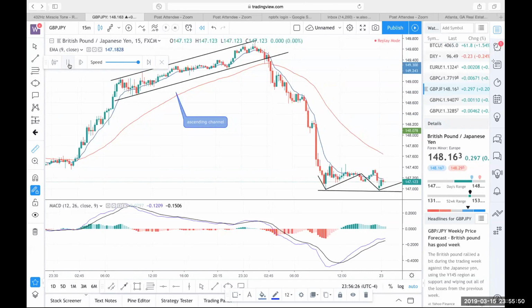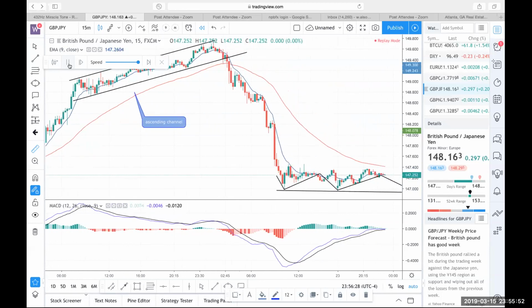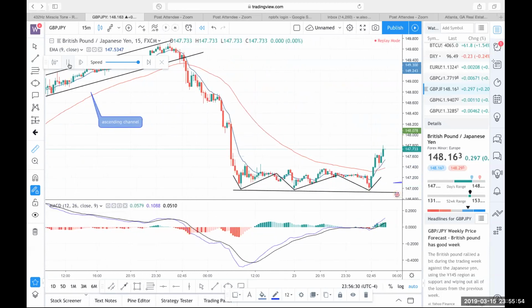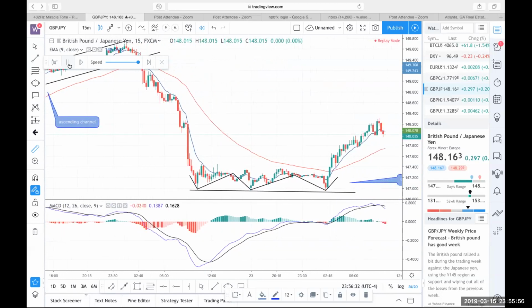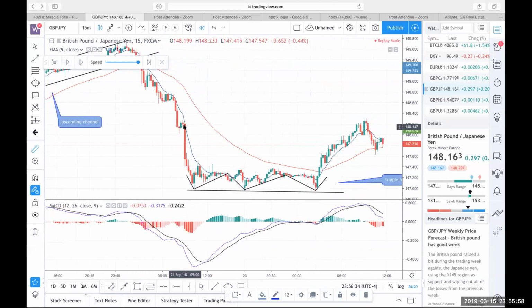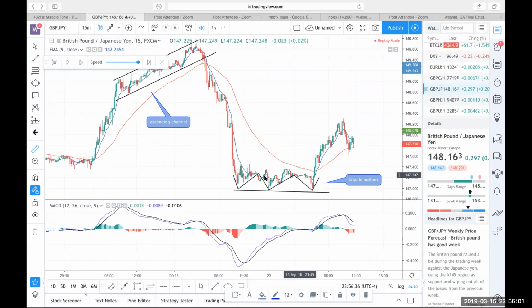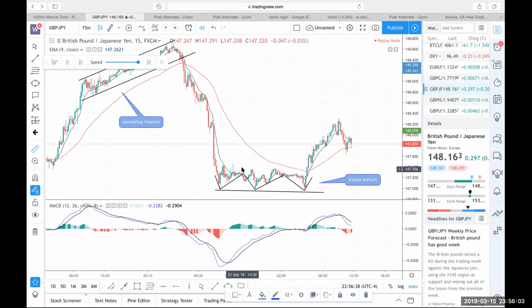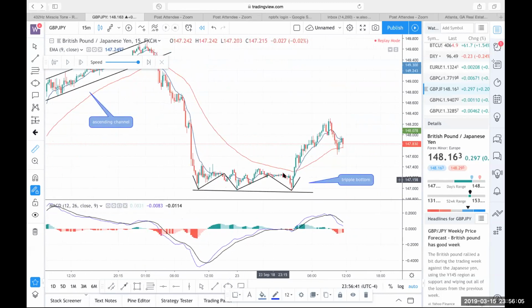Now we got a triple bottom. Patterns like this will be a little bit tougher to identify because sometimes these can be mistaken for a flat flag.